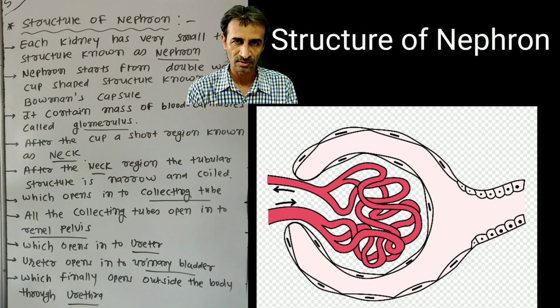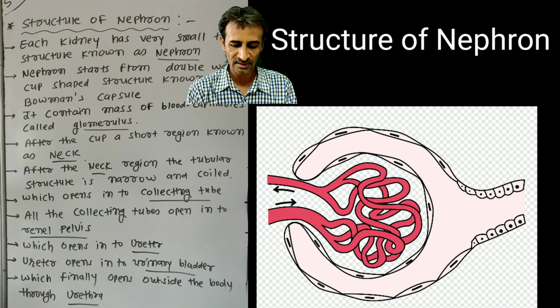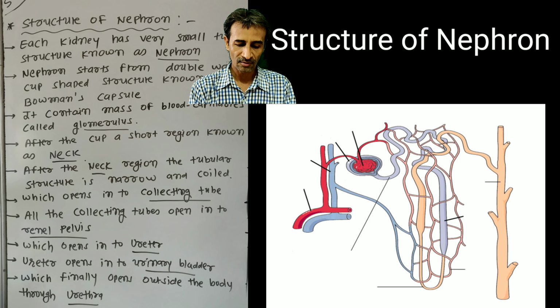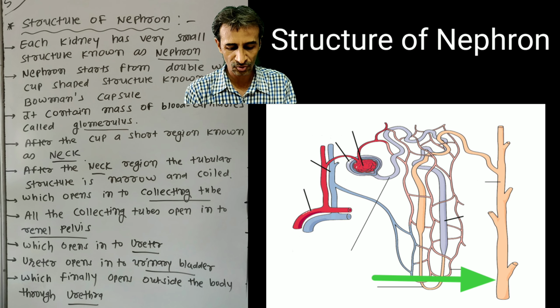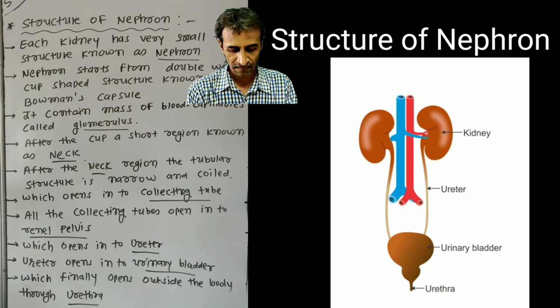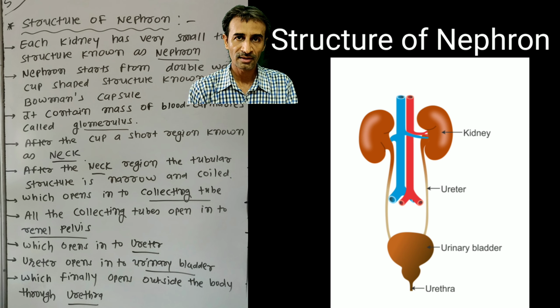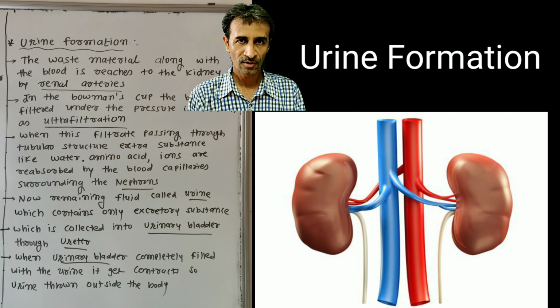After this Bowman's capsule, there is a short region known as the neck, and after the neck region, the tubular structure is very narrow and coiled. It opens into the collecting tube, and all the collecting tubes open into the renal pelvis, and finally this renal pelvis opens into the ureter. This ureter opens into the urinary bladder, and the urinary bladder opens outside the body through a small passage named the urethra.